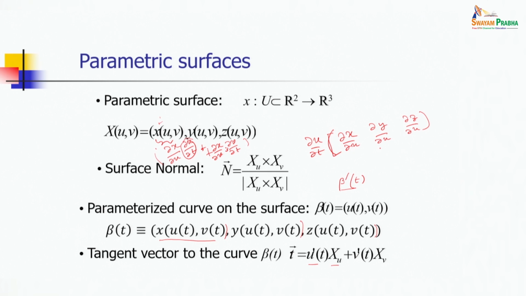So you are just simply multiplying it. This is a vector, so you are doing it in every dimension. Similarly for v also you are doing the same thing.